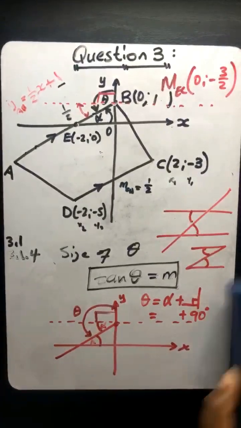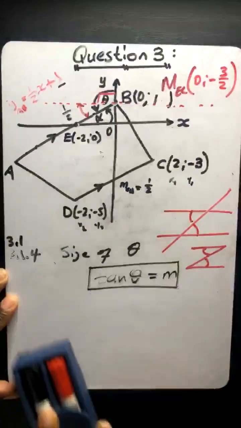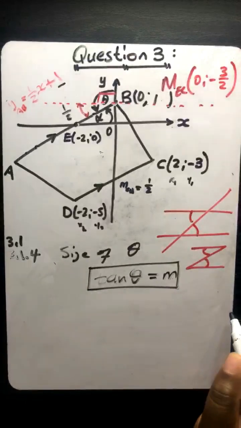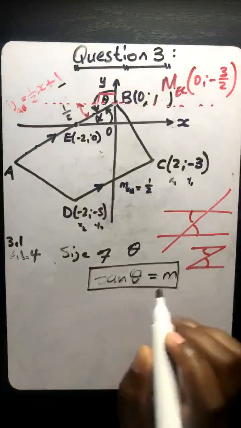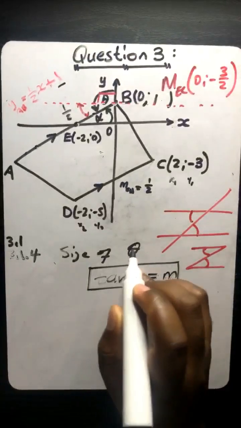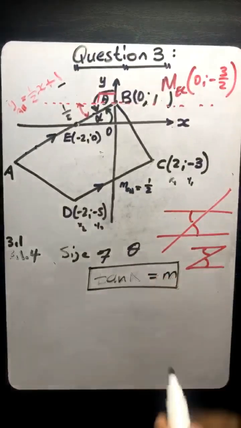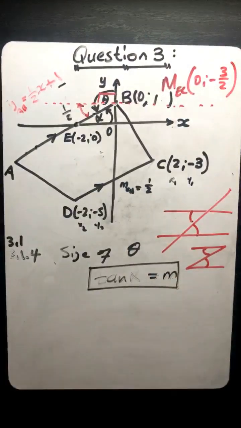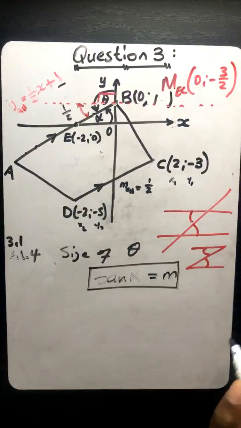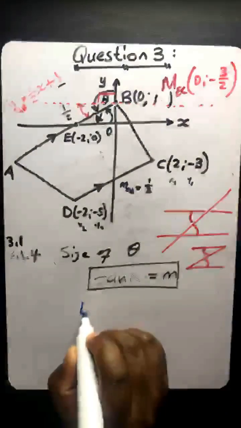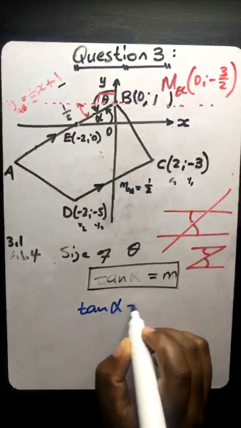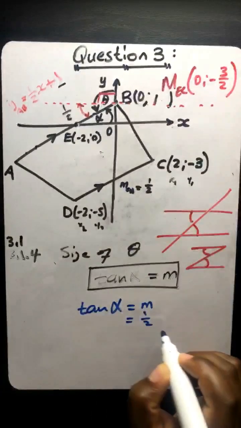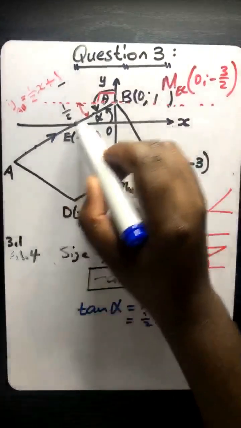So maybe let me try to work it out. Maybe it's going to make sense when I work it out. Let's use this formula to calculate alpha. Most importantly, you will fully understand this formula if you attended an introduction. So that means tan of angle alpha is equal to m. What is m? We know that m is a half, which is the gradient of that line.